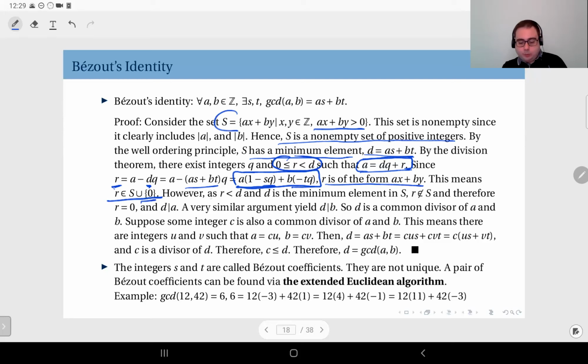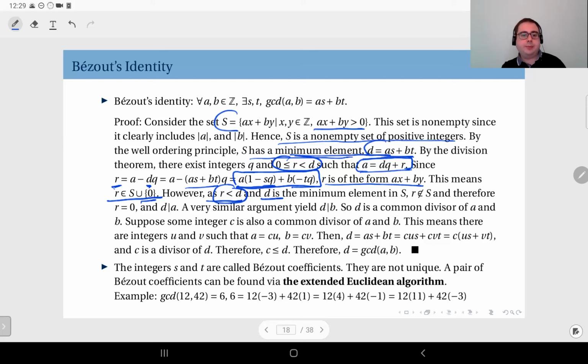Now, we know that R is less than D by definition of division, and D is the minimum element in S, and therefore R cannot be an element in S. Because if R is an element in S, meaning that it's not zero, then it has to be by definition smaller than D. But that leads to a contradiction because we have defined D as the minimum element.